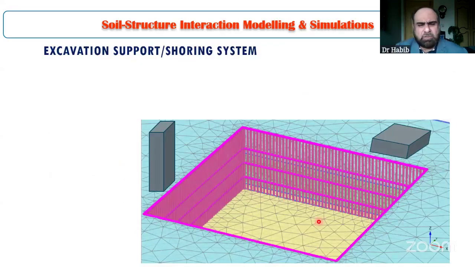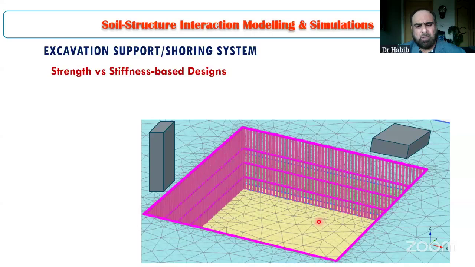Okay, so the third case is regarding the excavation support system. Excavation support systems, we also call shoring systems. Now, again, since I'm comparing the empirical concepts with our modeling concepts, all our empirical based methods for the design of excavation support systems, or most of the methods I can say, are based on limit equilibrium method.